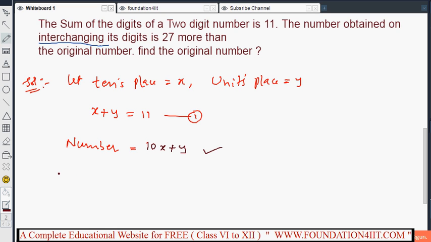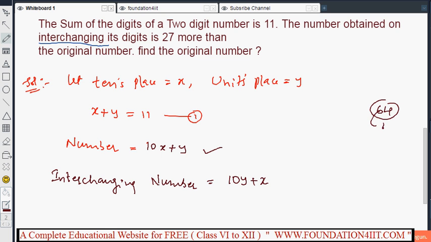Interchanging number is, if I interchange this number, just places will be changed. So tens place becomes units and units place becomes tens. So that is 10y plus x. Right? For example, if the number is 64, if I interchange, it becomes 46. So like this.